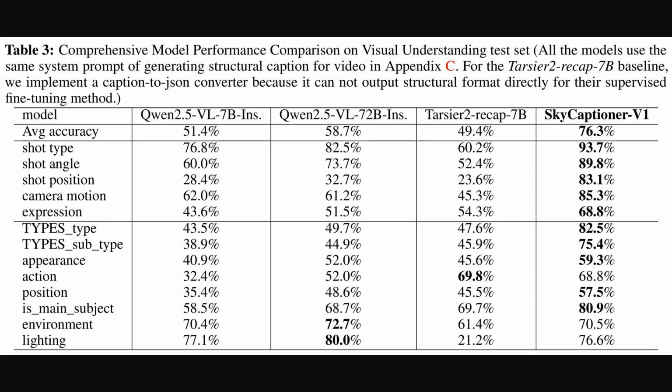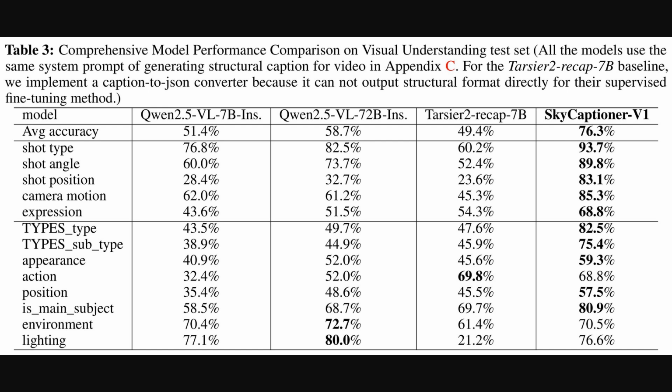Alright, so we just talked about how those rich structural captions are key for detailed video generation. Well, Table 3 here actually shows us how good their special model, SkyCaptionerV1, is at creating those structural captions compared to other approaches. This table compares model performance on what they call a visual understanding test set.